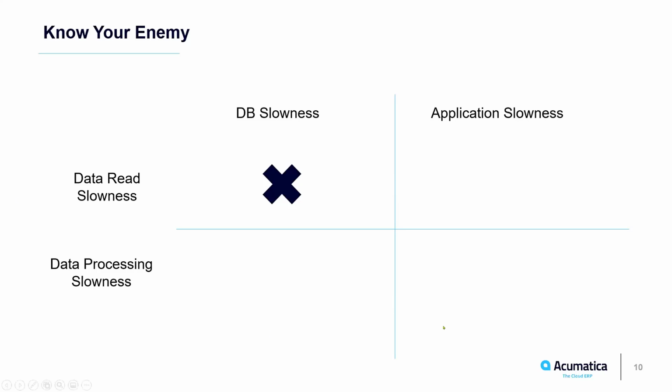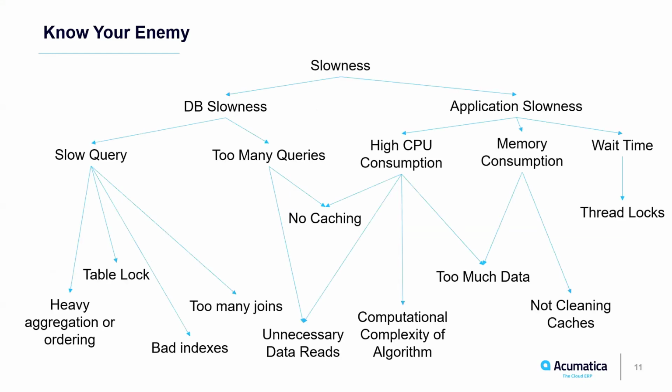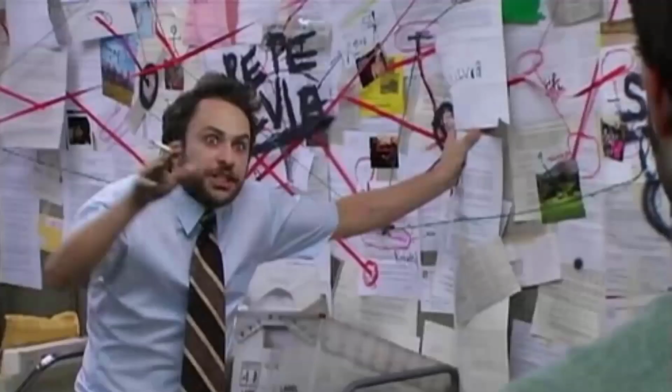Now, that gives us a good idea where to look when we try to fix the performance issue, but that's not enough. Let's categorize it even more. Okay, so now that picture categorizes the slowness into more precise categories, and it looks a little bit like that, right?